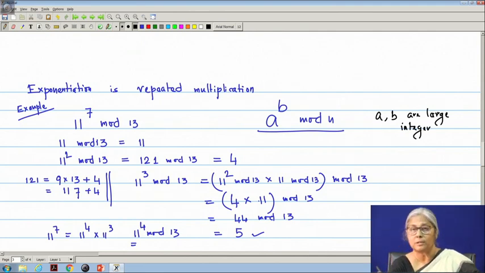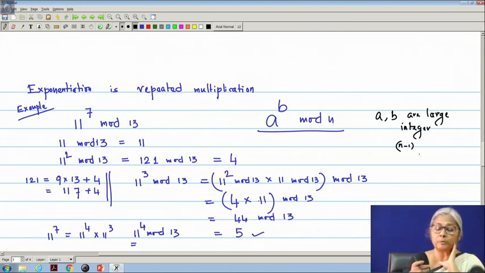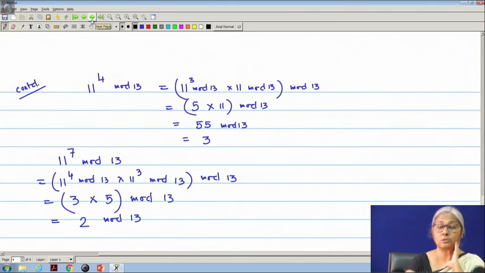But if we apply modular multiplication to compute the exponentiation, then each modulo multiplication result cannot be larger than n minus 1, because the remainder can be only 0 to n minus 1. So, in this way my computation is much simpler.